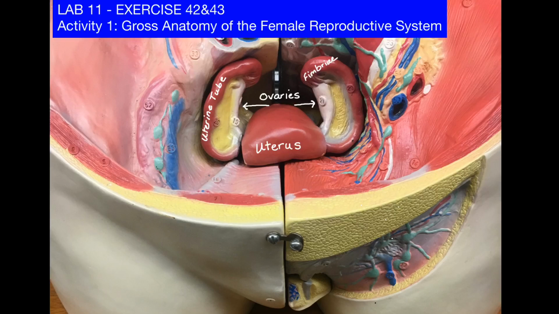So the uterus is a pear-shaped organ, where the egg ultimately travels to and would proceed to develop into an embryo if fertilized.